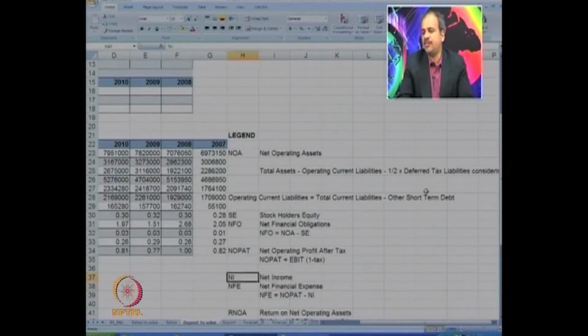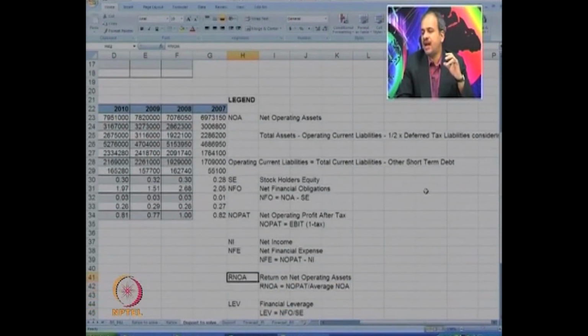NI is net income. NFE, that is net financial expenses. This is similar to interest expense, but instead of taking the actual interest expense, it is calculated notionally as NFE as NOPAT minus NI. Then we did RNOA, that is return on net operating assets.